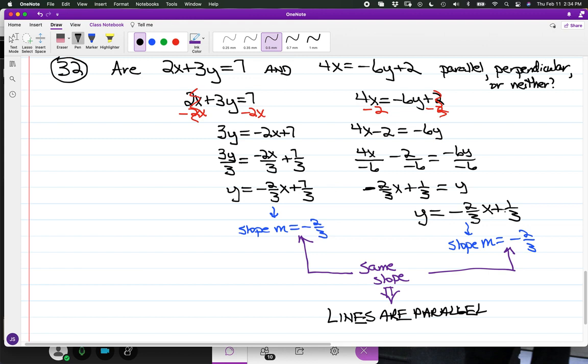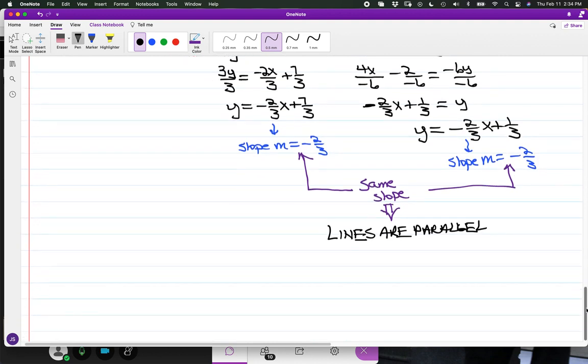But for what we have here, we have distinct lines, same slope, and the lines are going to be parallel. Right. Now, for devising equations for lines, for 37, we'll make this into kind of a two-part question.